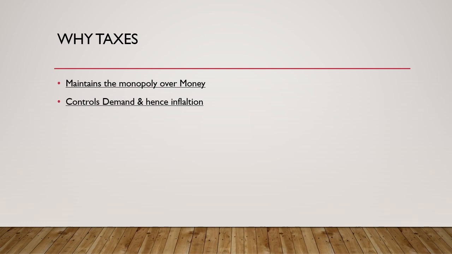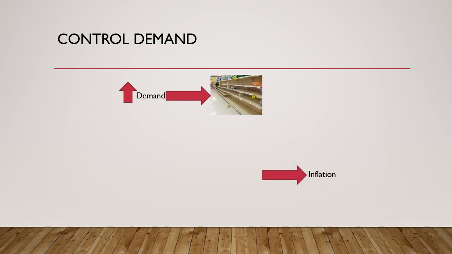Second point, the taxes control the demand and hence inflation, which is very important for the current monetary setup according to modern monetary theory to succeed. Here's how. Let's say the demand for products is rising in the economy. Now, the supply of products is actually pretty low in the economy, however.